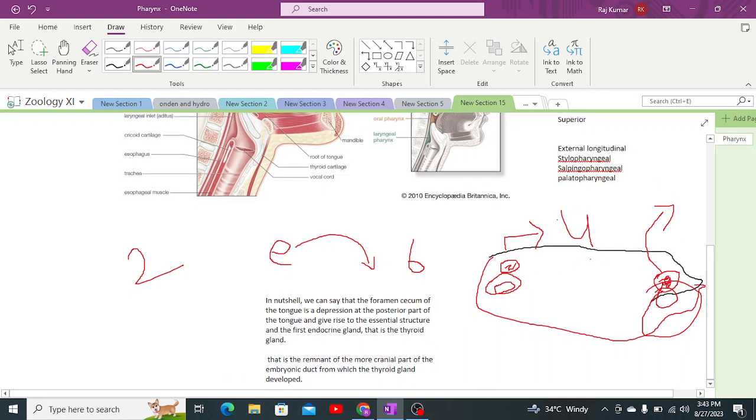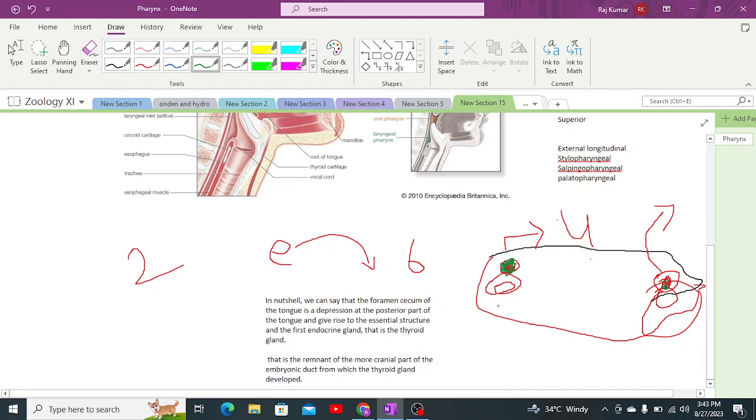This part here is a tonsil which is present over the eustachian tube. A tonsil which is present over the eustachian tube in paired form is known as the tubal tonsil. This is the same for this one because both of these are in paired form.